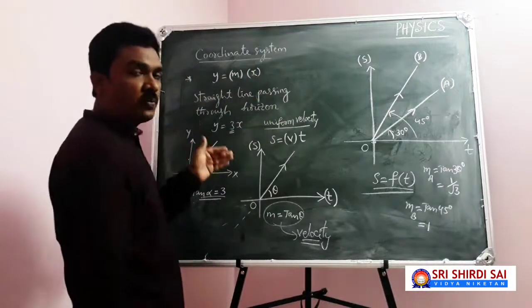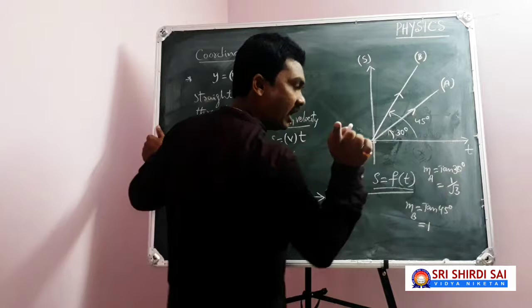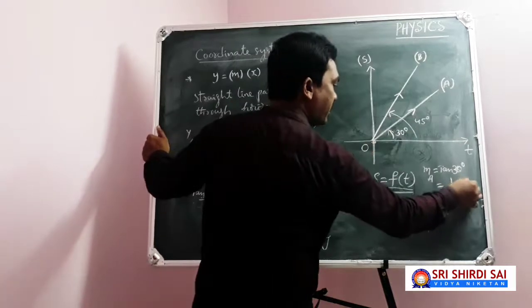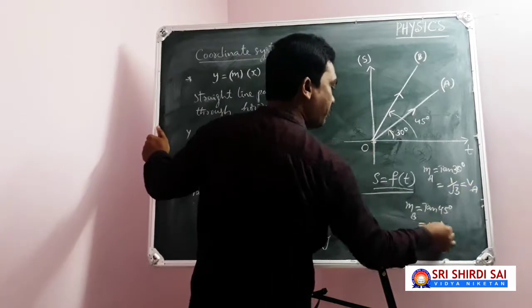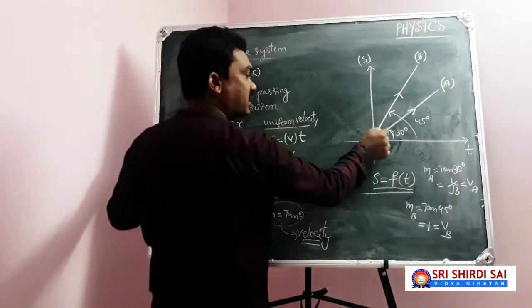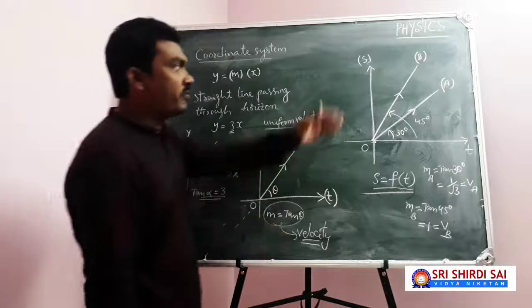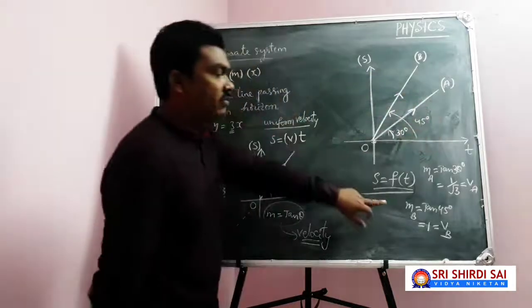You know the slope of displacement versus time graph will give velocity. So this is velocity of A and this is velocity of B, which is constant, because your straight line represents that slope is constant. Slope of ST graph represents velocity.